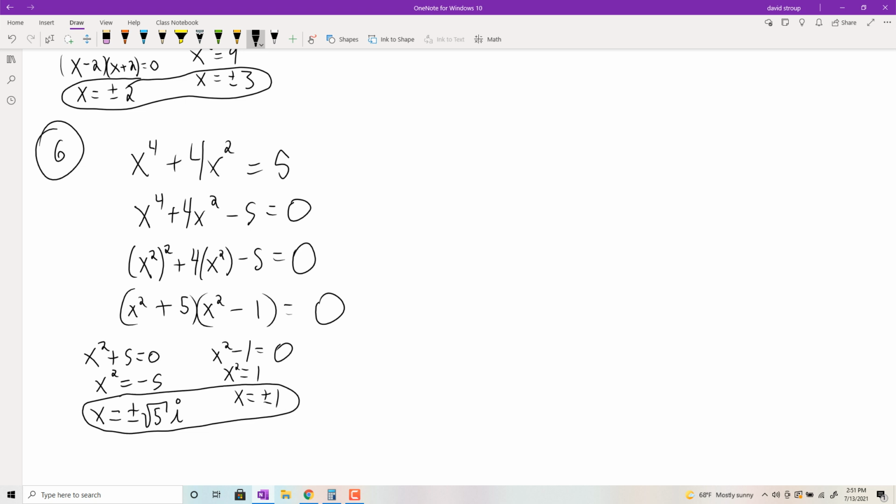Okay, let's look at number 8. This one's a little tricky. So what is the thing that's being squared? What is the x squared? How is this related? There are three terms there, you could see that clearly, so we're maybe not convinced it's quadratic.